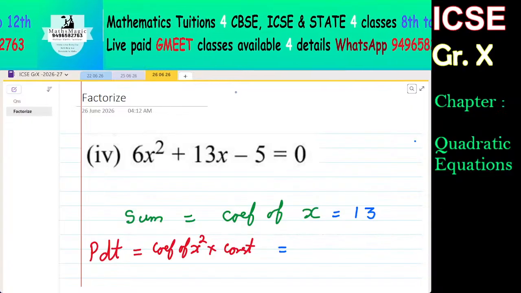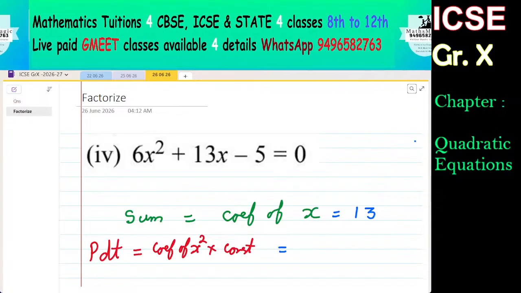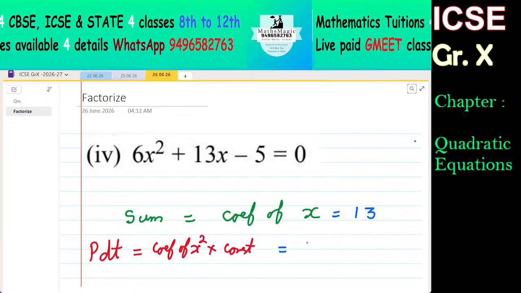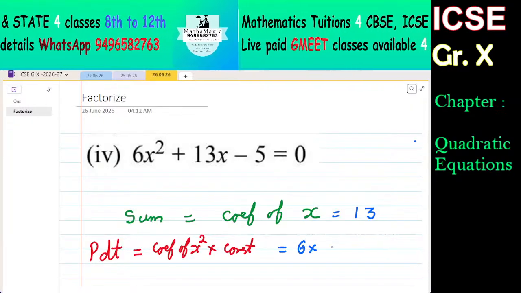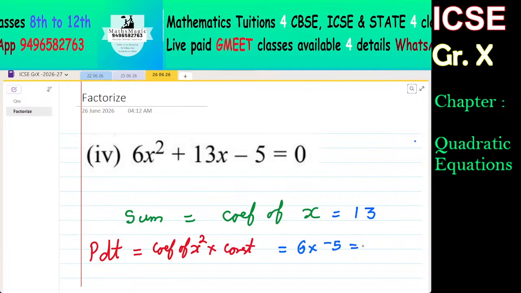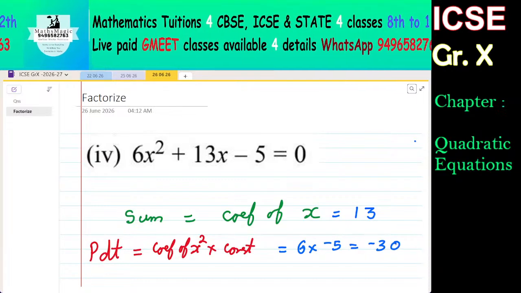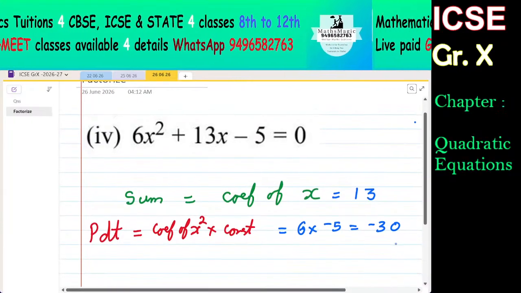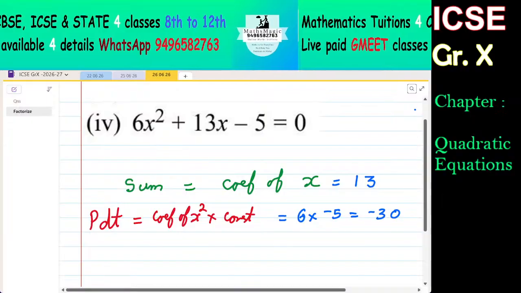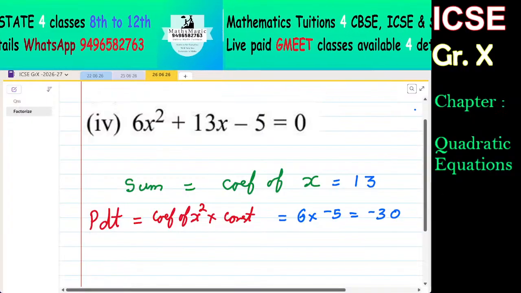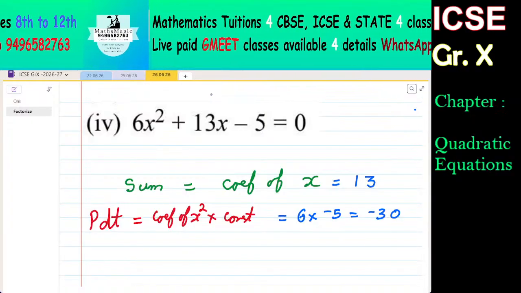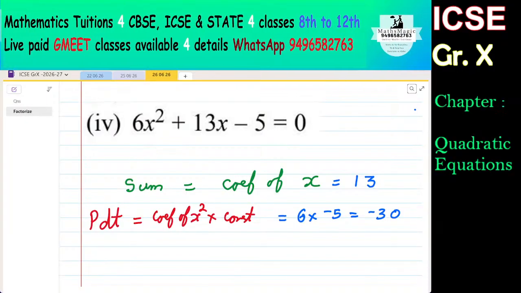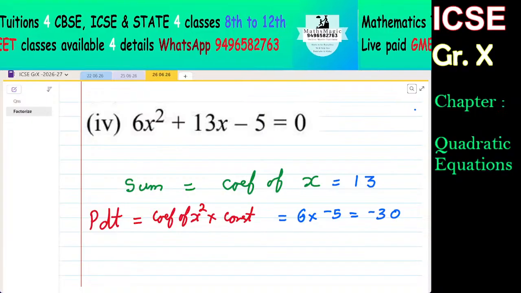And now the product of those two numbers, 6 multiplied by -5, which is equal to -30. And here we have sum as a positive number and product as a negative number. We are assuming two numbers whose product is negative and whose sum is positive.